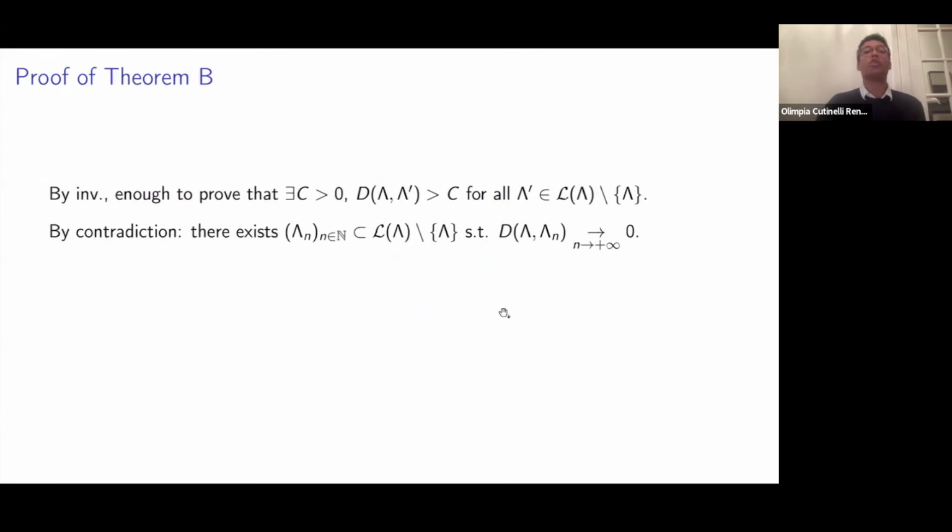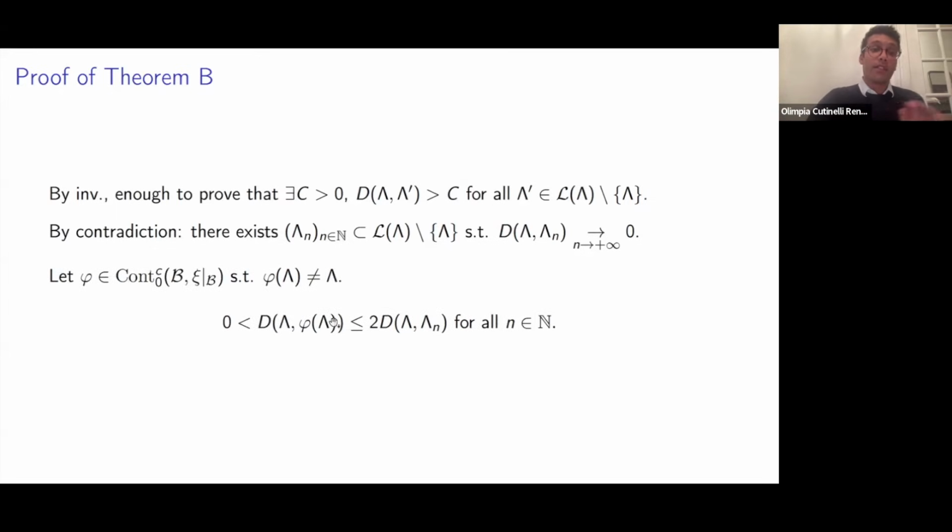What we want to show, actually, it's enough to show that you fix lambda and you suppose by contradiction that there does not exist a constant C such that the distance between lambda and lambda prime is greater than C. So by contradiction, we assume that there exists a sequence lambda n such that each lambda n is different from lambda, and the distance between lambda and lambda n goes to 0 as n goes to infinity.